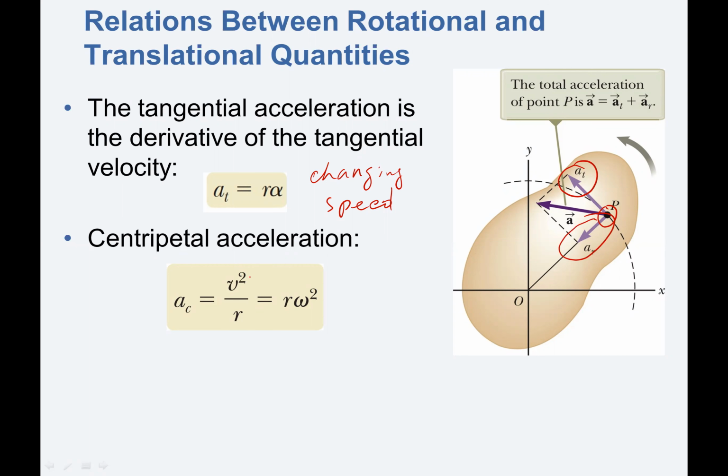Now, this will work even if there is no angular acceleration. All you need here is the speed, how fast it is moving at that instant. If it is moving at 3 meters per second, then you can calculate acceleration. Even if it continues always moving at 3 meters per second, that means it never changes its speed, you still have a centripetal acceleration.